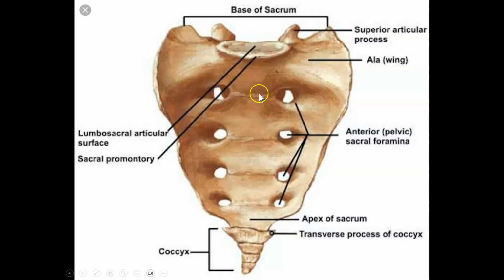It is formed by the fusion of 5 vertebrae, 1, 2, 3, 4, and 5, and it carries 4 anterior foramina and 4 posterior foramina. Laterally there is the ala of the sacrum, which is a site for fusion when you do lumbosacral fusion, and also the sacral promontory, which is the anterior and rostral part of the sacrum.